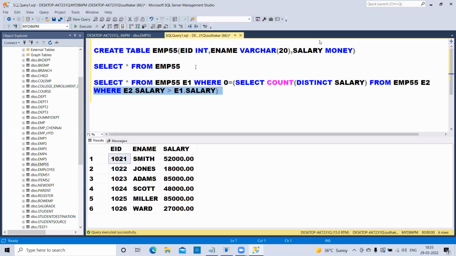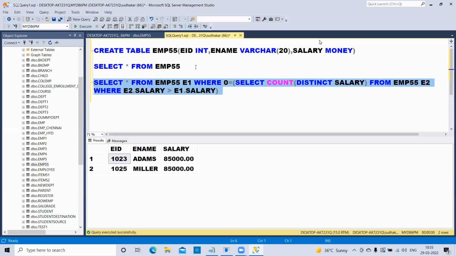Your first highest salary employee details, you got it. See, guys, my first highest salary is here.